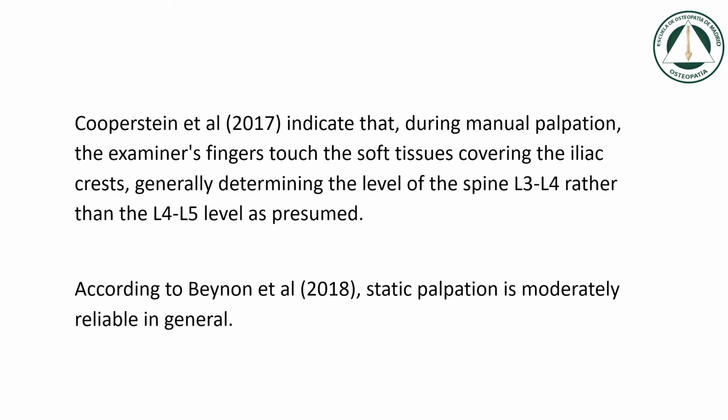Cooperstein et al. 2017 indicate that, during manual palpation, the examiner's fingers touch the soft tissues covering the iliac crests, generally determining the level of the spine L3-L4, rather than the L4-L5 level as presumed.